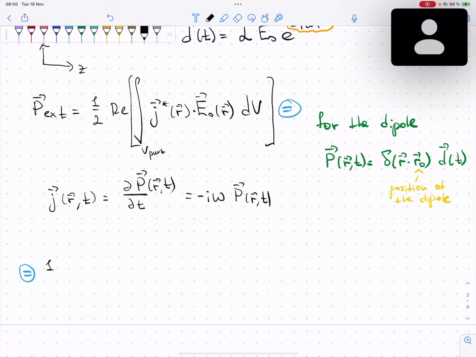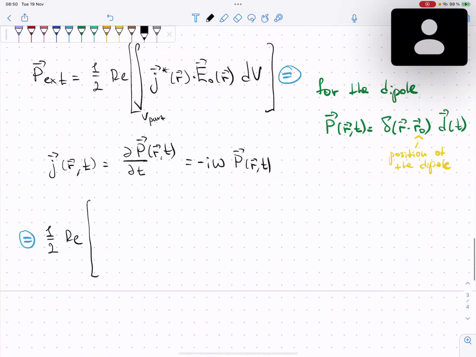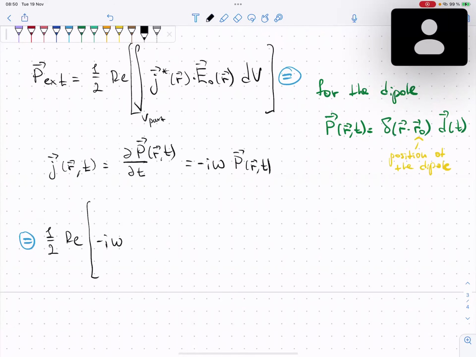This will be one half real part of minus i omega integral of the delta function of r.